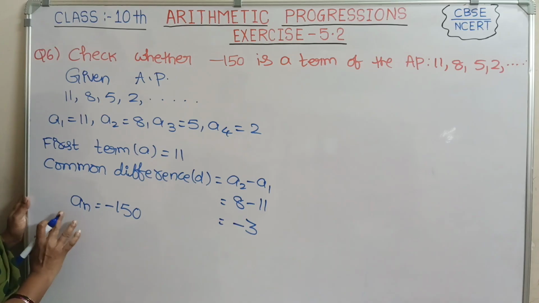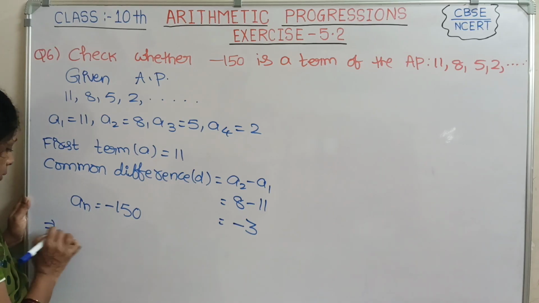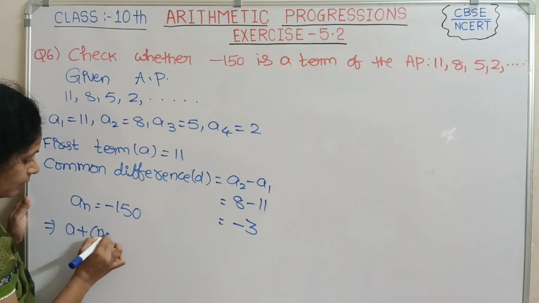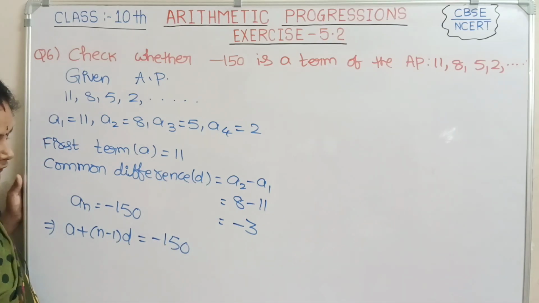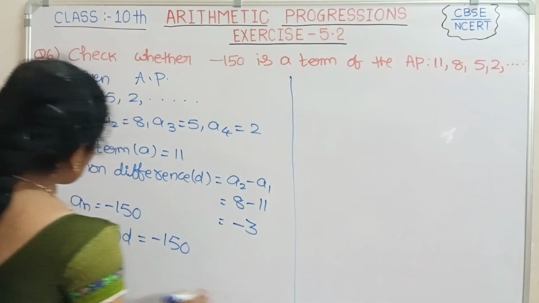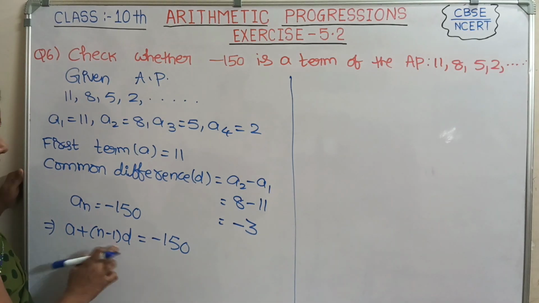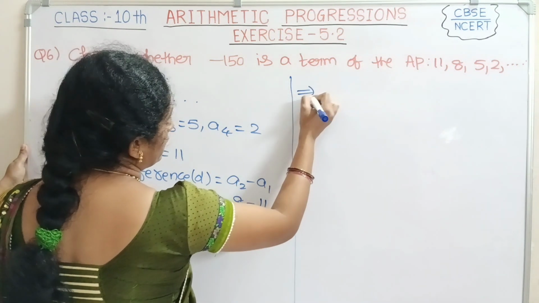Write down the formula for An. What is the formula? A plus n minus 1 into D is equal to minus 150. Substitute the values for A and D in this above equation.